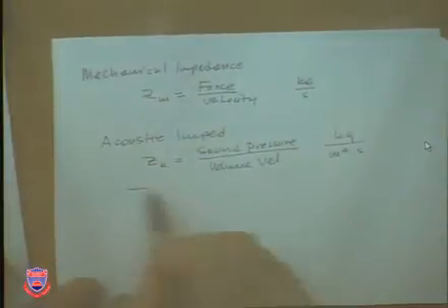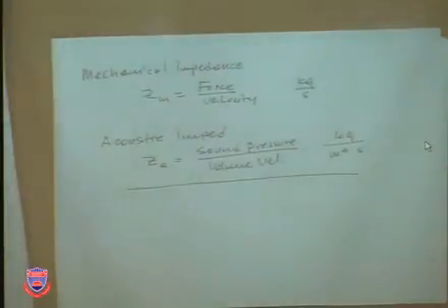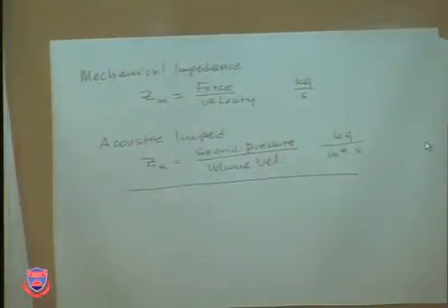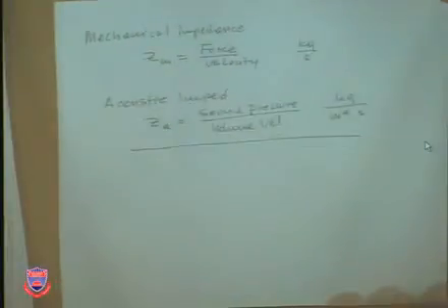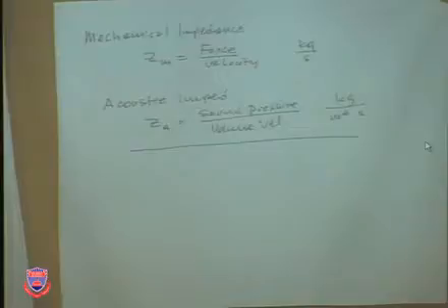Okay, so these are three definitions of impedance that we use: specific acoustic impedance for plane waves, mechanical impedance for mechanical systems, and acoustic impedance where it is defined as sound pressure over volume velocity.